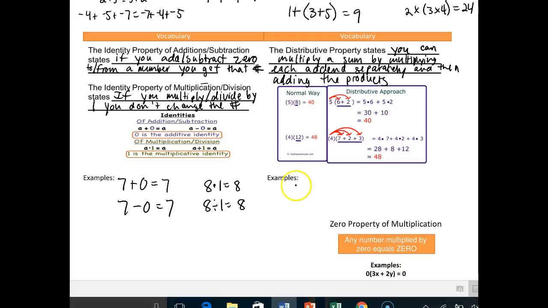So let's do something like this. So 3 parentheses 2 plus 5. This is saying do 2 plus 5 first and then multiply it by 3, right? That should give us, if we did order of operations, 21, right? 2 plus 5 is 7, times 3 is 21.